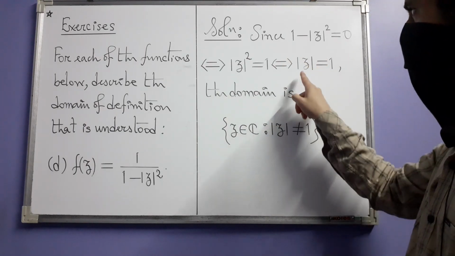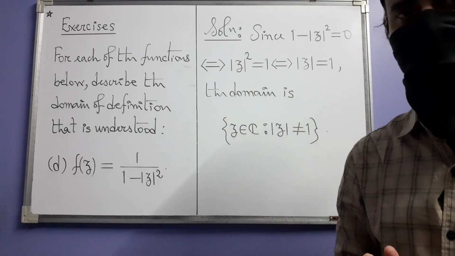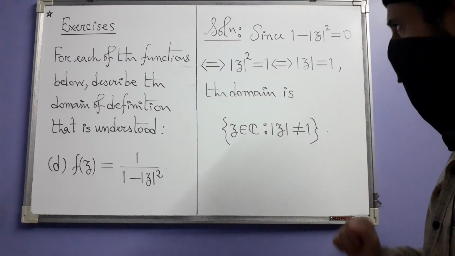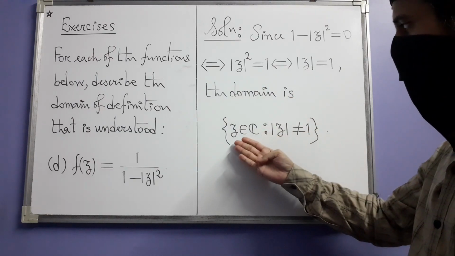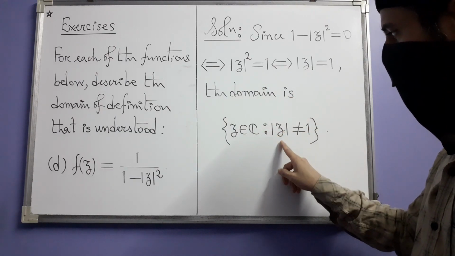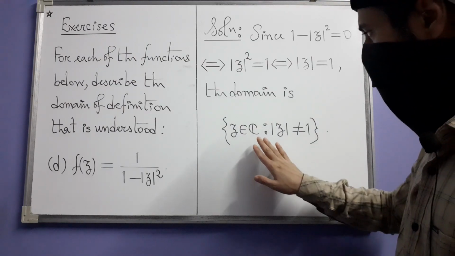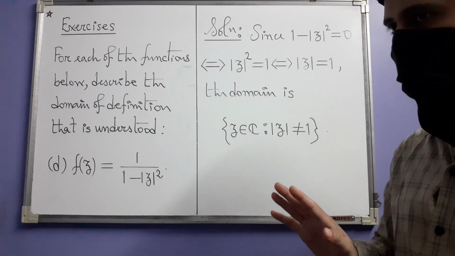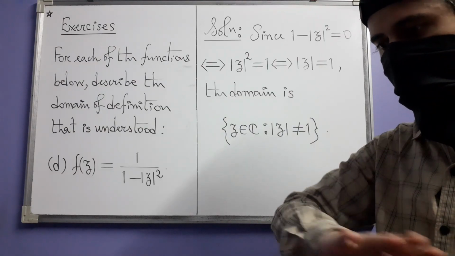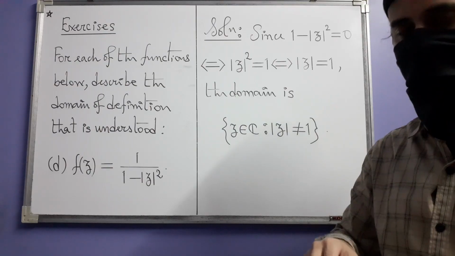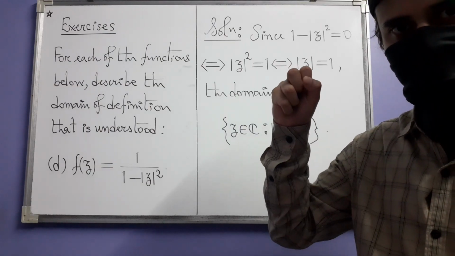That is because mod z is never minus 1. It can only be plus 1. And that is why the domain consists of those complex numbers which have absolute values not equal to 1. Geometrically speaking, this is the complex plane from which the unit circle centered at the origin has been removed.